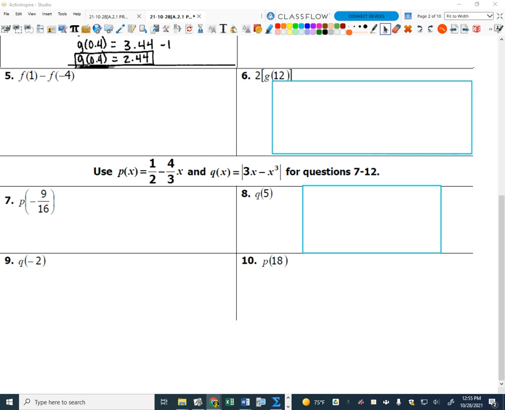Okay, hold up that board when you got it. Did you get it, Cooper? There it is. Just reduce it, yep. Okay, but you must not have used Desmos, right?